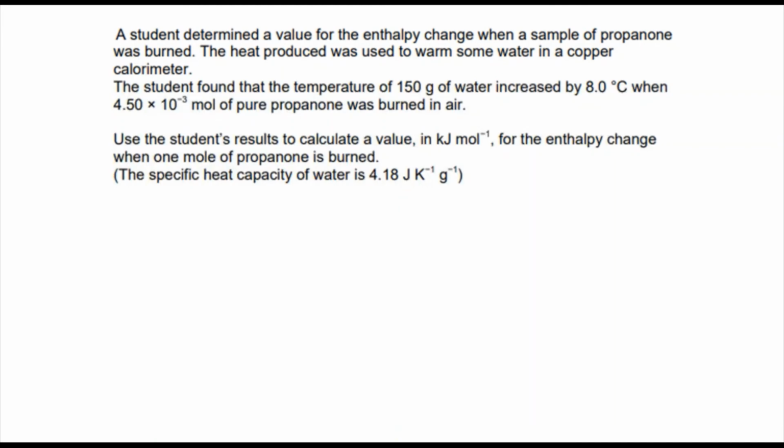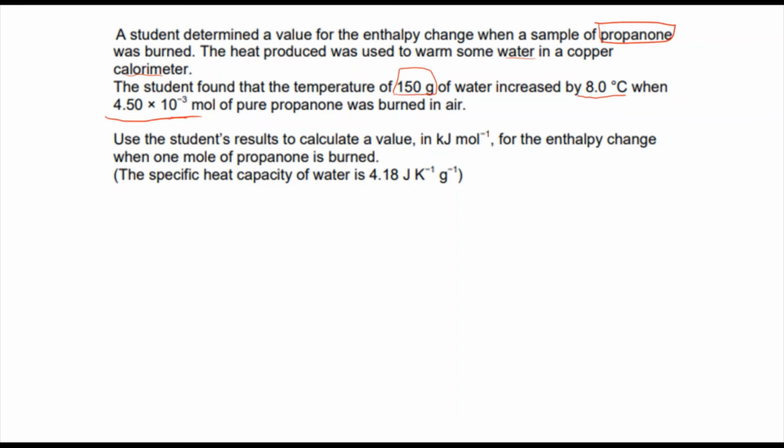We've been told a student determined a value for the enthalpy change of a sample of propanone again, which was burnt, and the heat produced was used to warm some water in a copper calorimeter. The student found that the temperature of 150 grams of water increased by 8 degrees when 4.5 times 10 to the power of minus 3 moles of pure propanone was burnt in air.